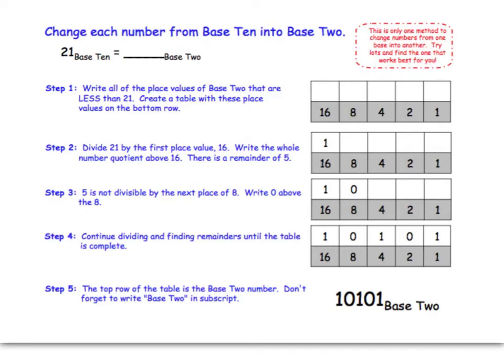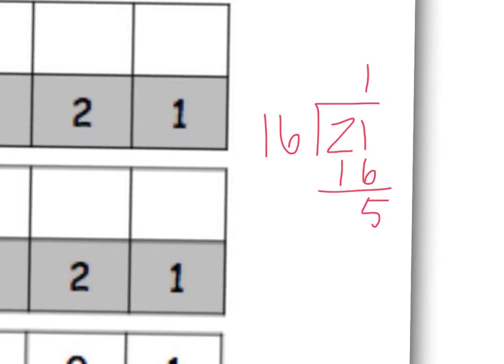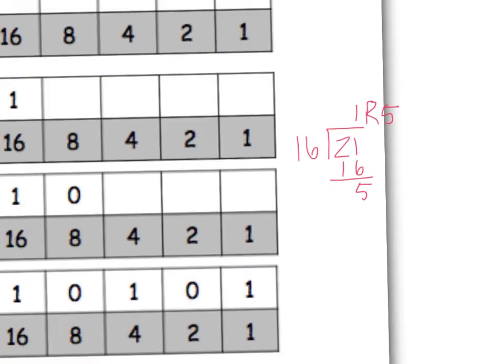There is a remainder of 5. Let's talk about specifically how we got that 5. If I divide 21 by 16, I know that 16 can go in there one time. So I get a remainder of 5. All right, let's zoom back out.